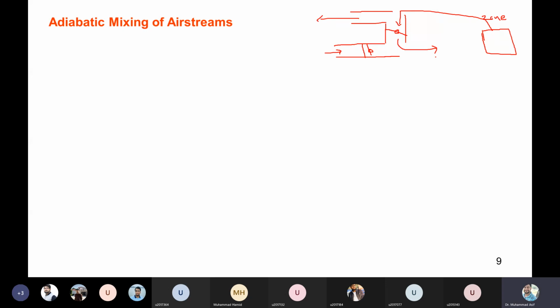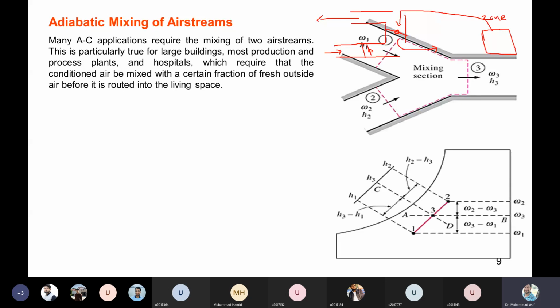For that case, as seen in the figure, let's say this section is 1 and another one is 2. One of them we can treat as the returned air, another one the outside fresh air.